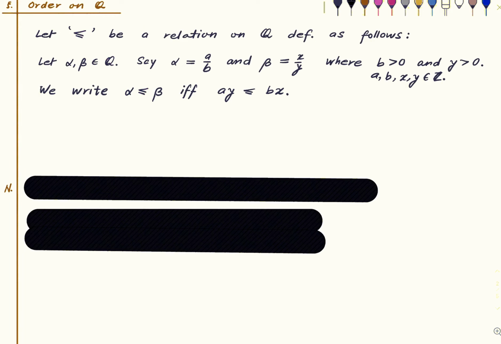So what one would like to do is to check that this relation is reflexive, antisymmetric, and transitive so that it becomes a partial order.